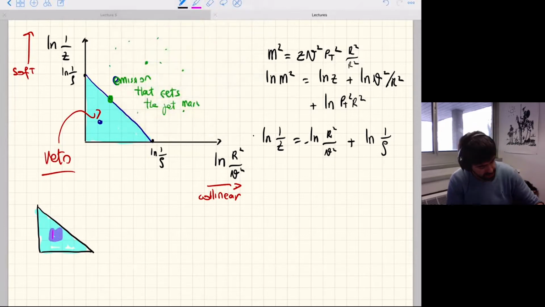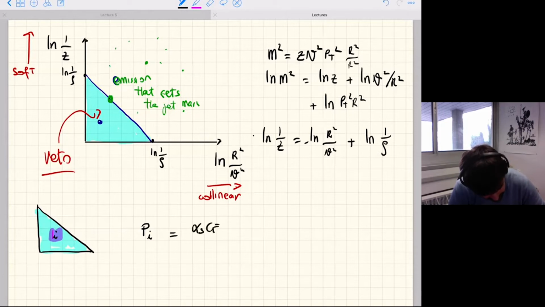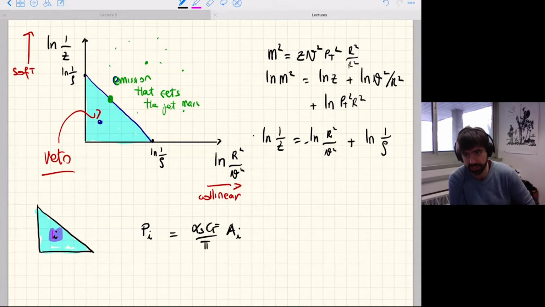And I can ask, what is the probability to have an emission in this little square i? Remember, we are in the soft and collinear limit, so the probability for having an emission in my little square i is proportional to the area of this little square. And so it will be, in our convention, alpha_s C_F over pi, proportional to the area of the little square.